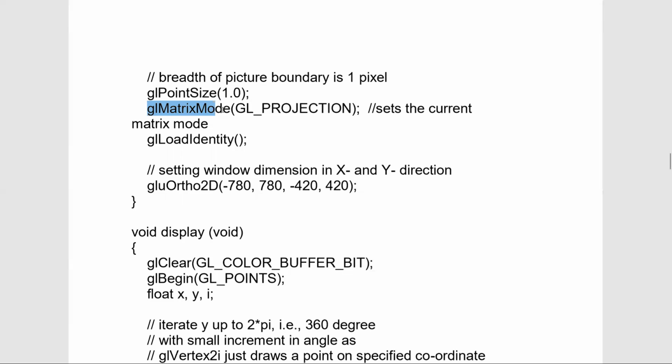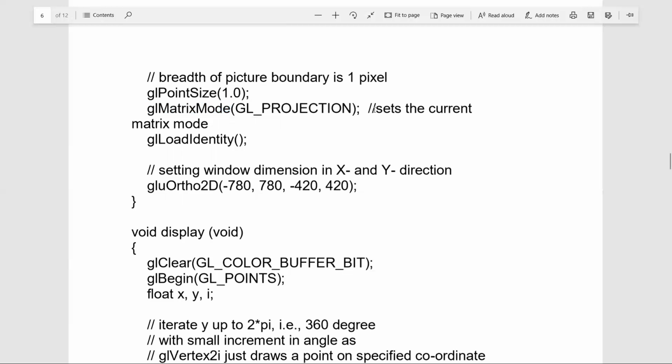The further function glMatrixMode sets the current matrix mode. So here the current matrix mode is set to projection mode because we are interested in rendering the projected view. We are interested in projections, which can be perspective projections for the picture, or we are interested in orthographic projections for the picture. We need to load the identity.